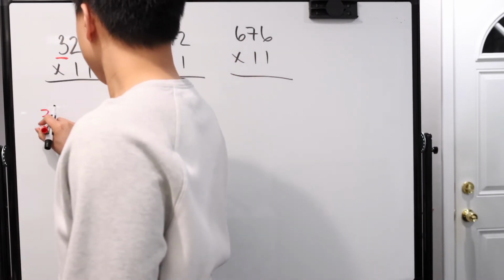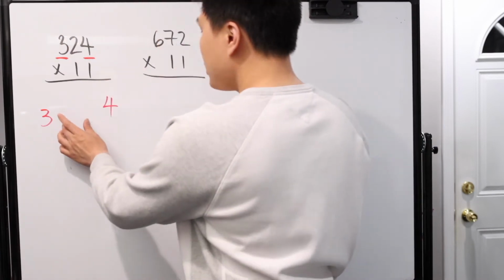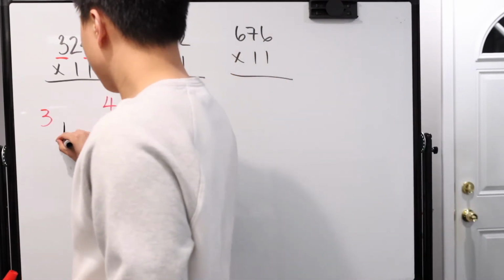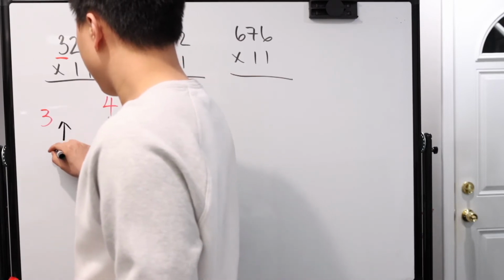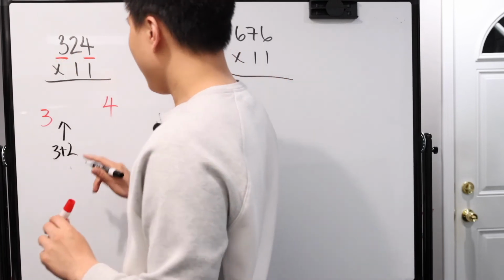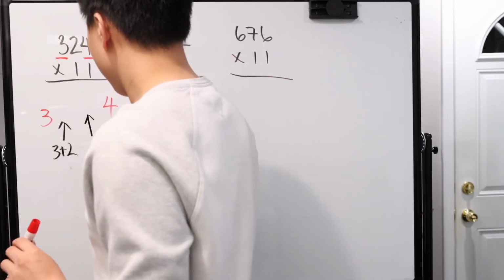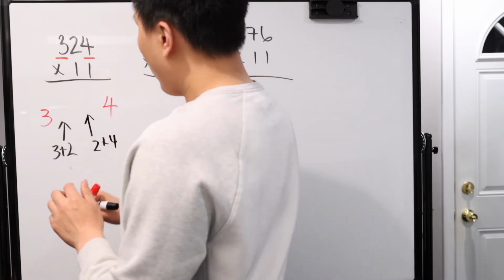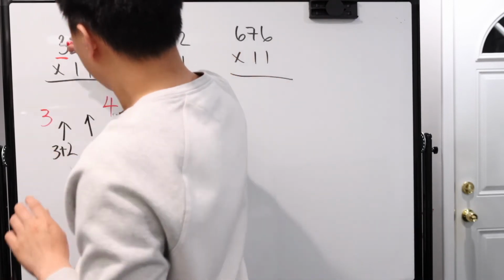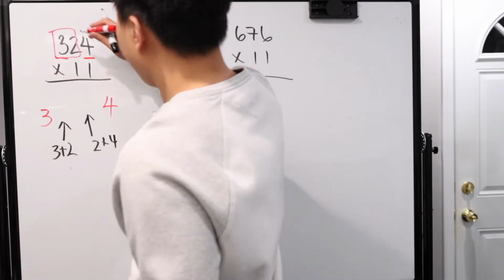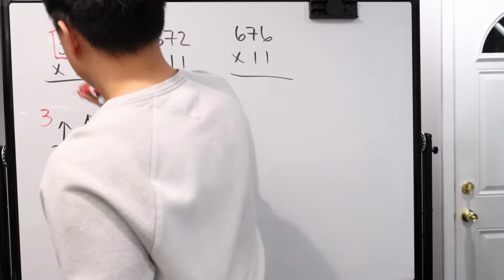You have a 3 and a 4 right here. But in between here, there's actually going to be 2 numbers. The first one, this first number that's going to be missing is going to be 3 plus 2, right? 3 plus 2. The second one, you can sort of guess, it's just going to be 2 plus 4. So notice what's happening. What we're going to do is we're going to add these guys right here first for this side, then these guys right here for this guy.